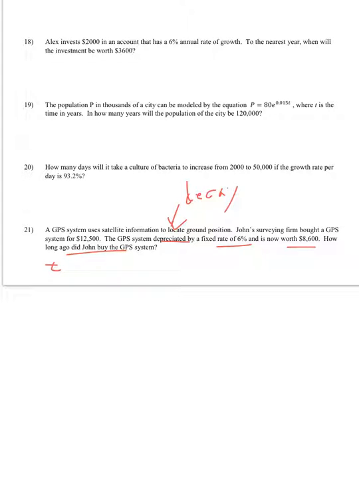So we're going to use our exponential decay equation, y equals a times 1 minus r to the power of t. Okay, the initial amount, there's y, it's 12,500. I'm sorry, I got that backwards. Let's undo that.